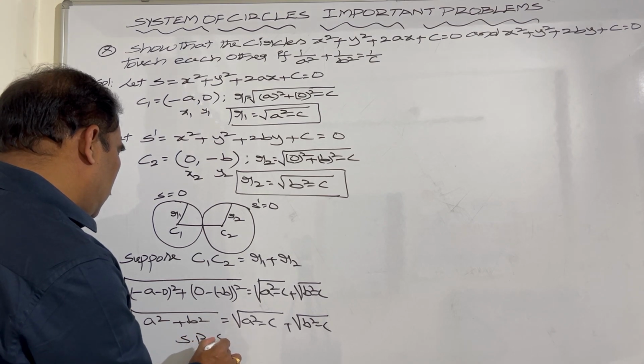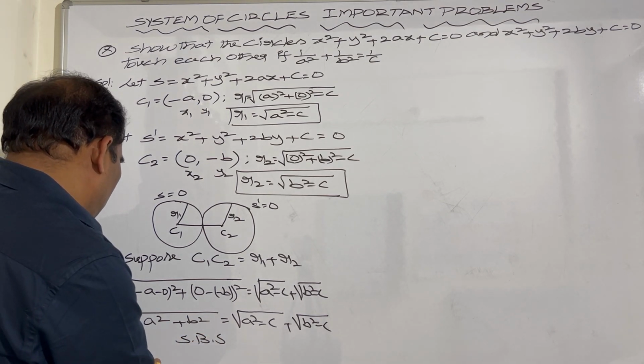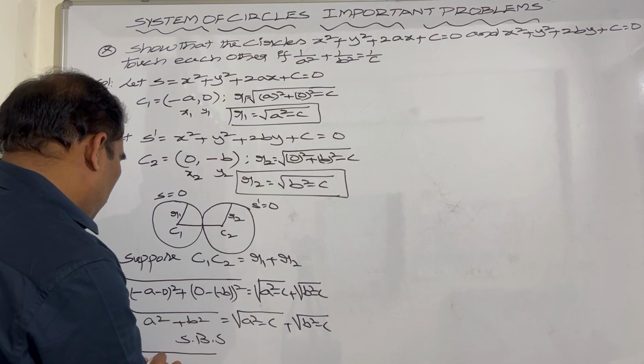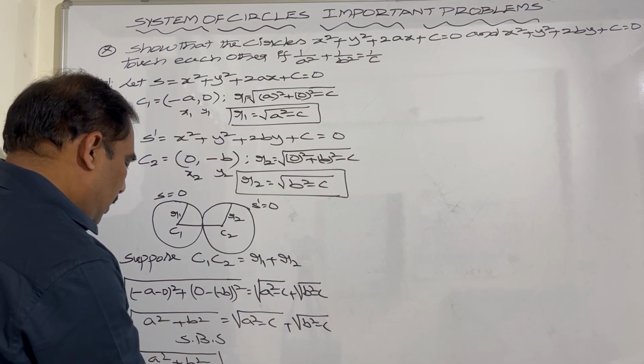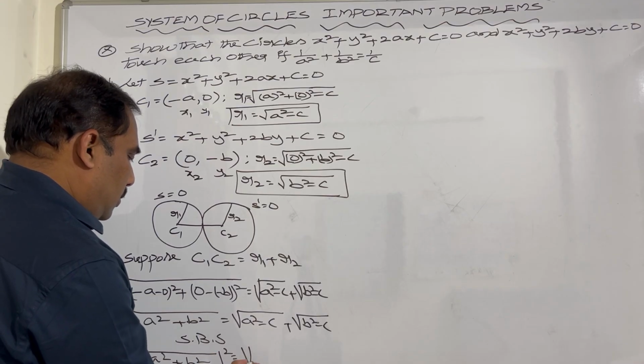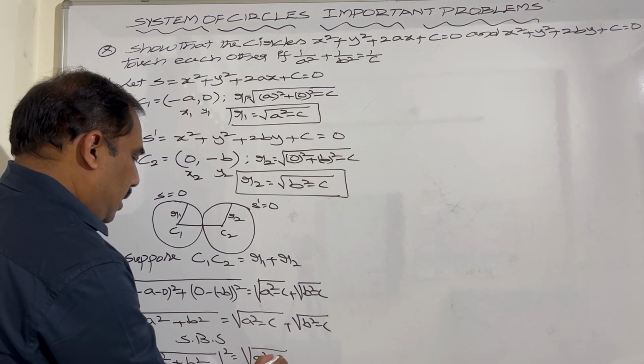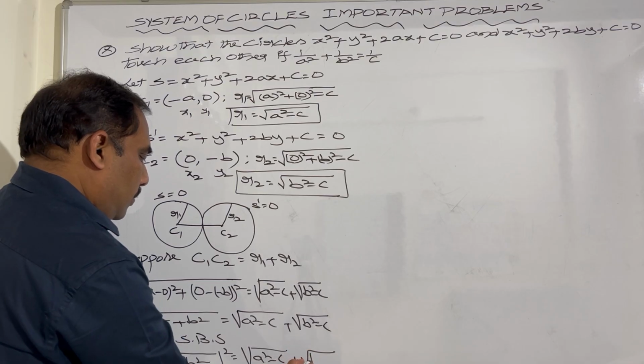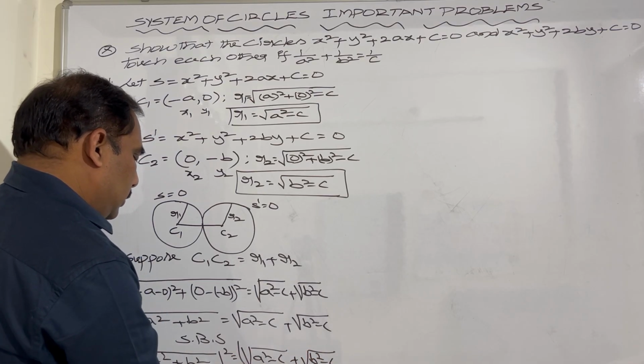So when you square on both sides, this implies root over a square plus b square whole square is equal to root over a square minus c plus root over b square minus c whole square.